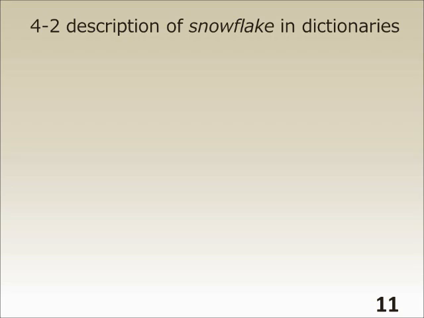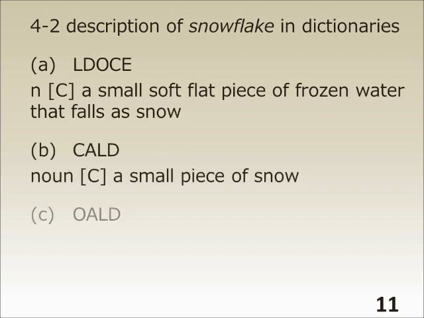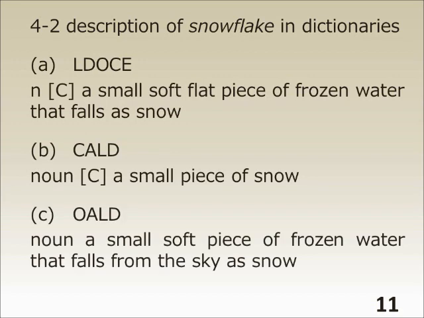Now, when we see the meaning of the low-frequency word snowflake in major dictionaries like ELDOS, OALD, and CALD, they just show the primal meaning, which is a piece of snow, as shown on slides 12 and 13.